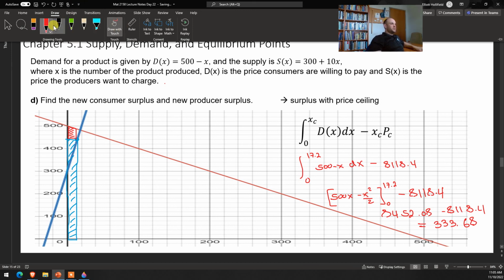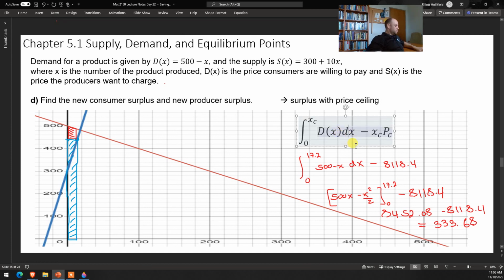We need to adjust our formula though. Instead we integrate S, and instead of subtracting here, we take that quantity x sub c, p sub c, and we subtract here.